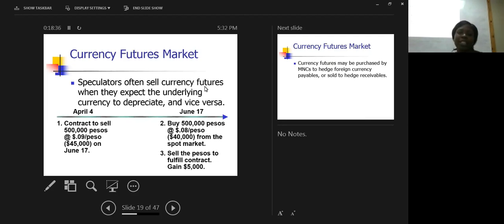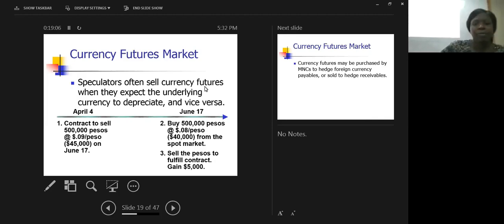So speculators will take a side and then execute by closing out. Let's say on April 4th, they contract to sell 500,000 pesos, which is one contract, at 9 cents per peso, which is 45,000 US dollars they'll get on June 17th.